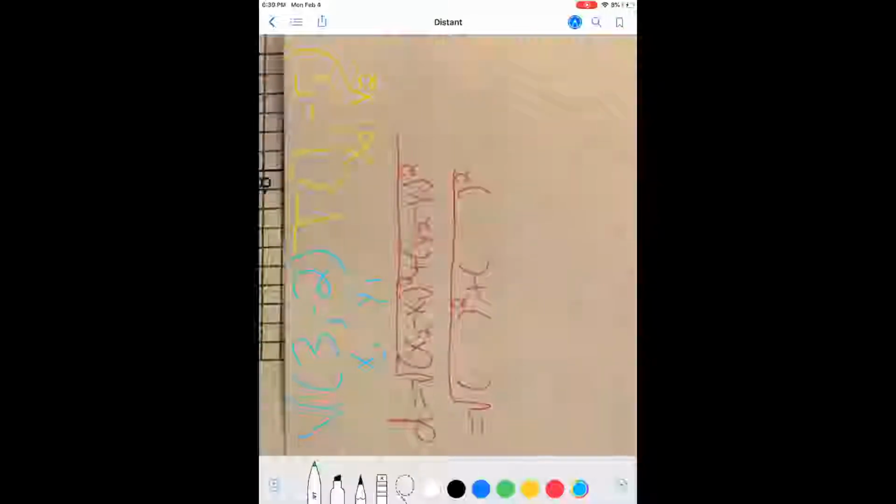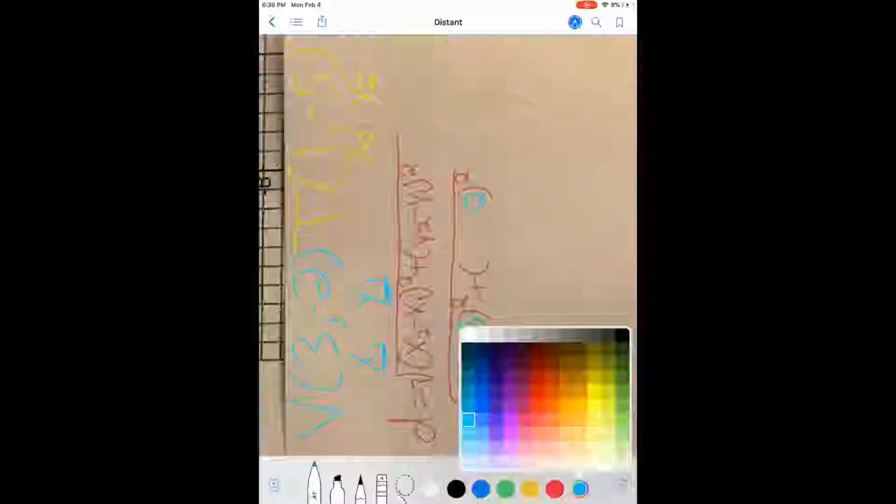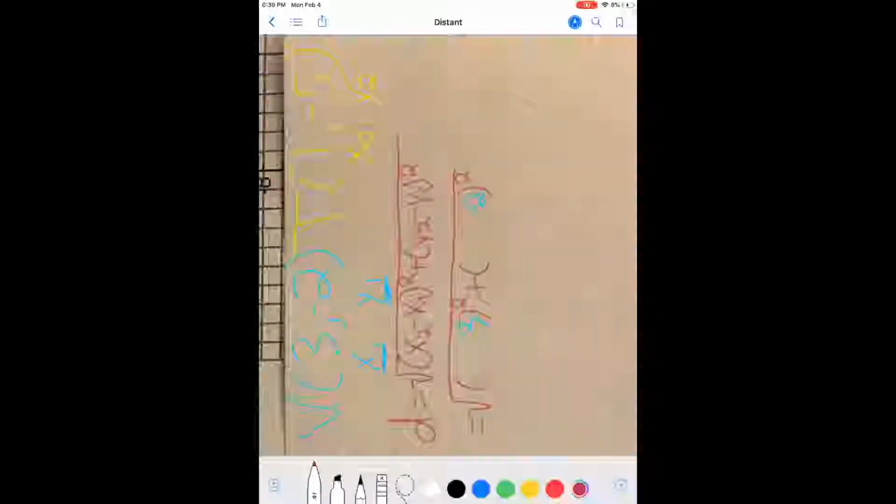Our x1 comes here, our y1 goes back here. We're also going to have our subtraction still there. So don't forget your subtraction in between your x2, x1, or your y2, y1.